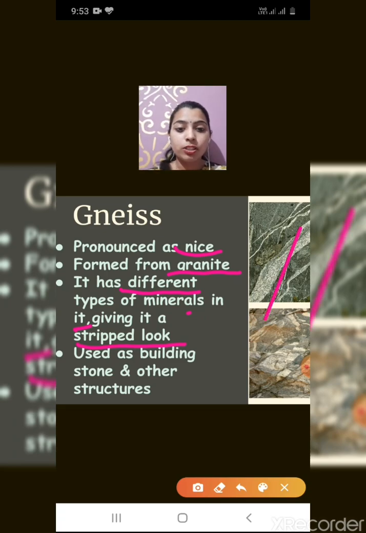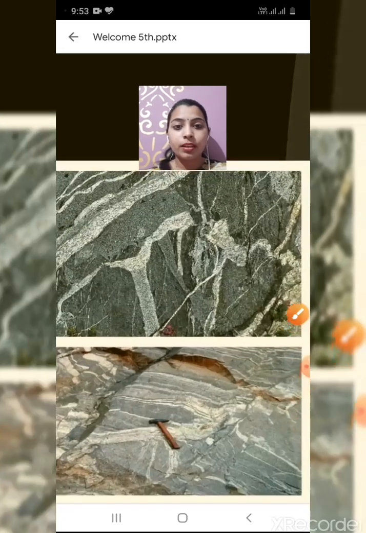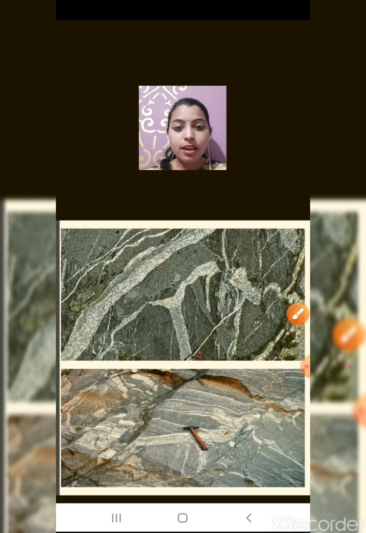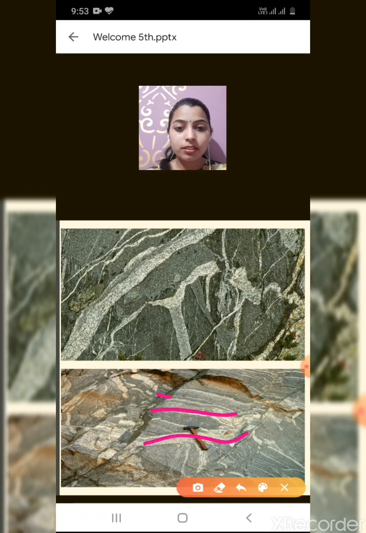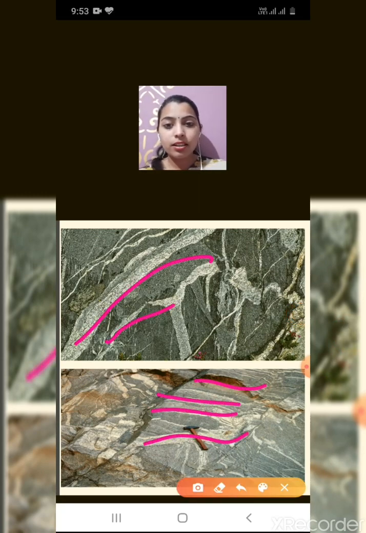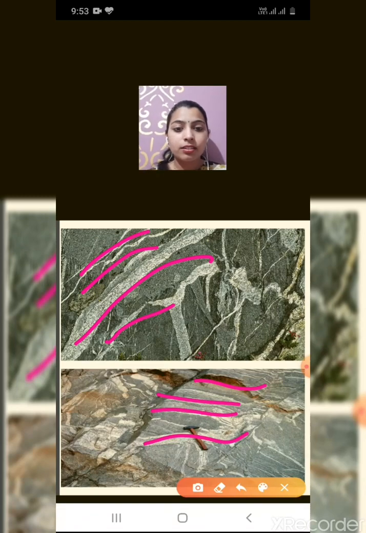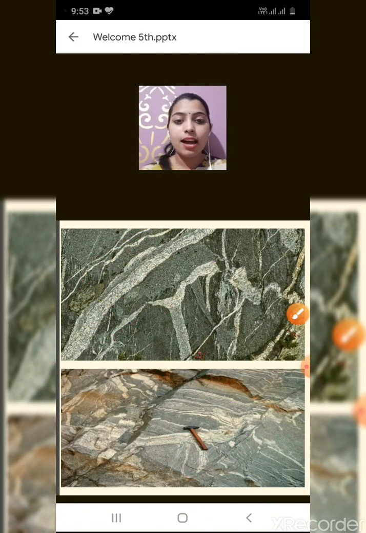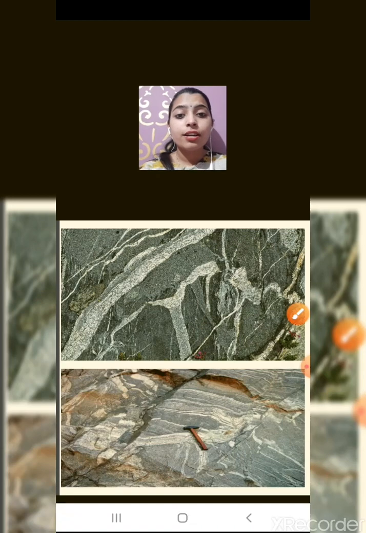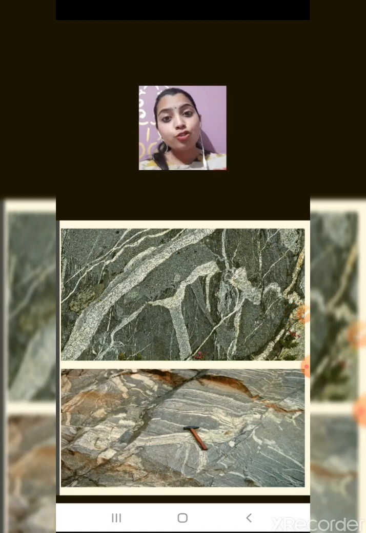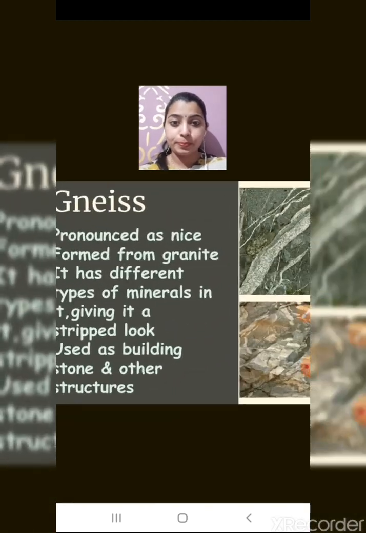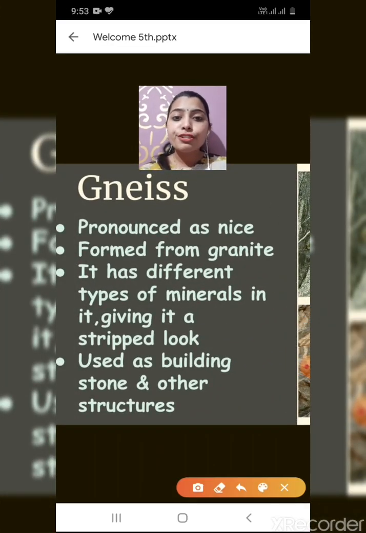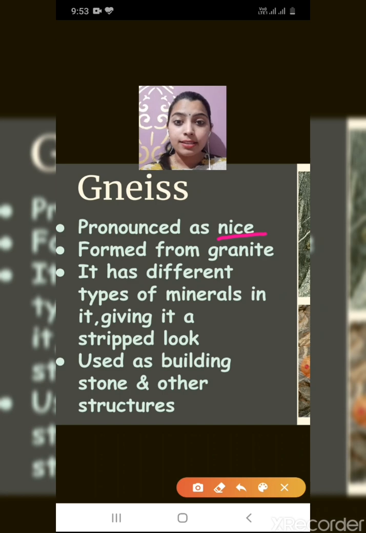See in the picture. See, stripes are there, no? So they talk about this, that in this type of rock there are different types of minerals, and it has so many stripes on it. Alright. First of all, we pronounce it like nice.